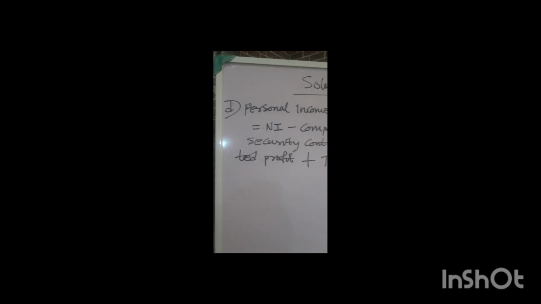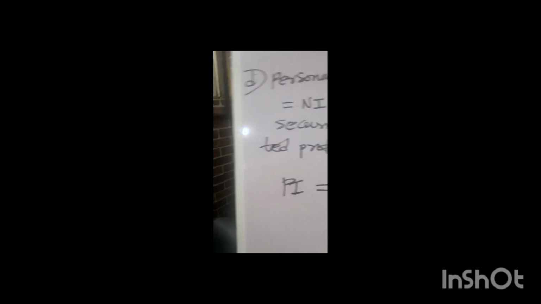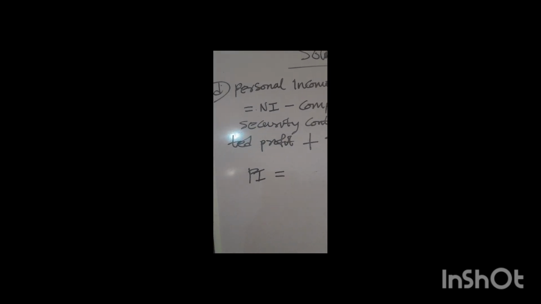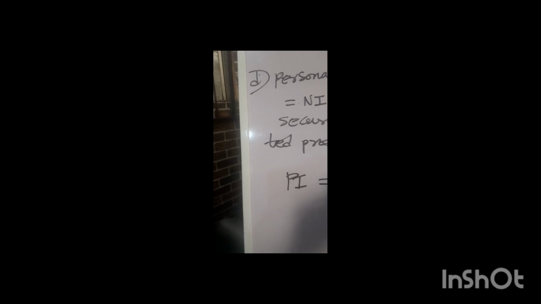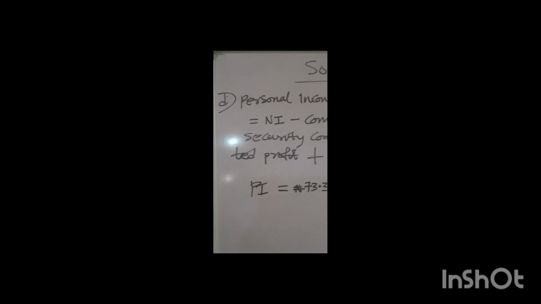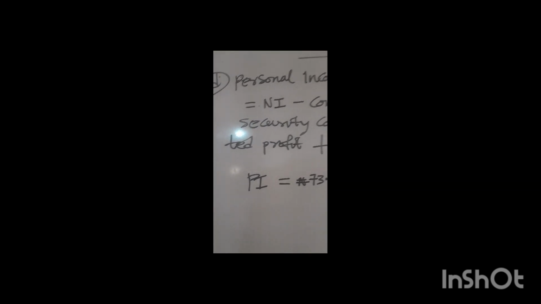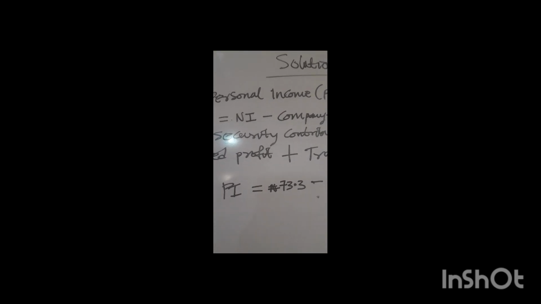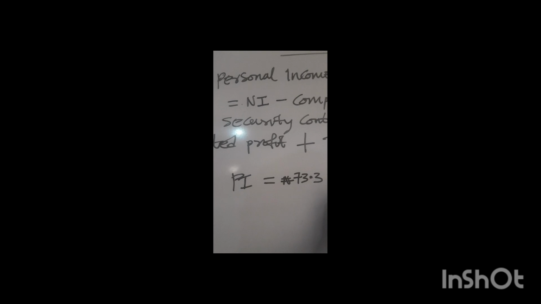So we'll work out that our personal income PI is equal to our national income, 73.3 based on our computation. We'll less, based on our formula, company tax, which is 1.1 million.